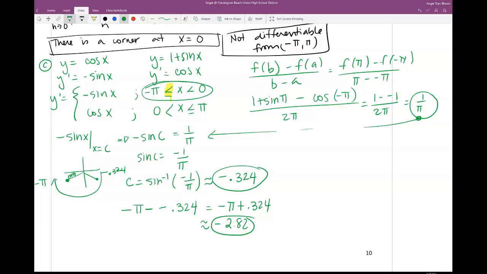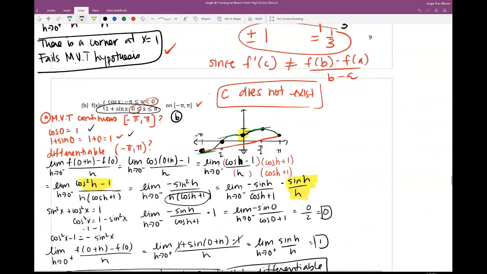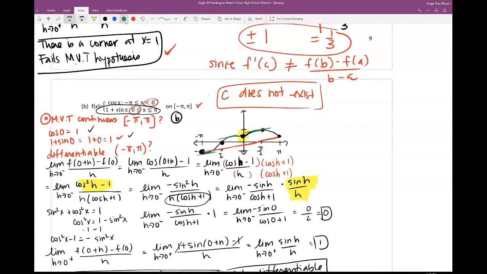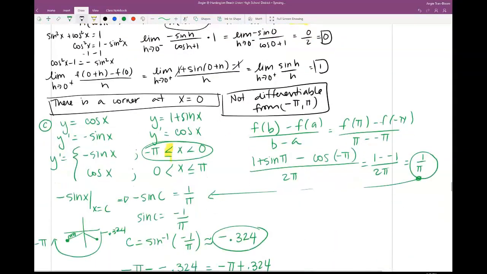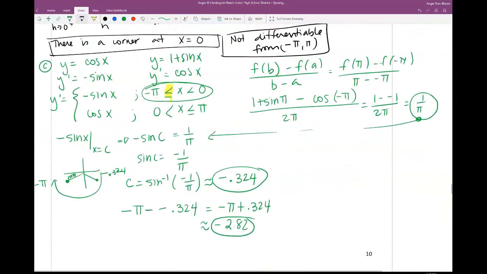Now, let's go back and look. On the negative side, would you agree that there should be two c values? Perfect, we found two. On the right side, notice how there's one c value. Hopefully we can find it. So on the right side, I'm going to pick that piece.